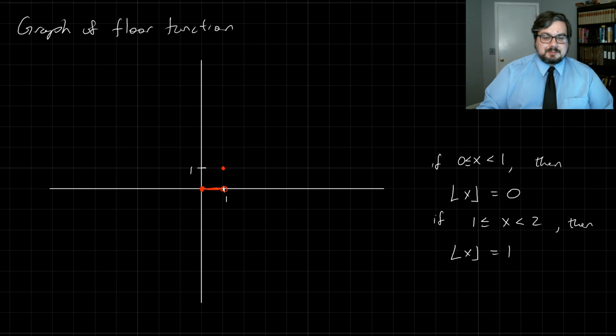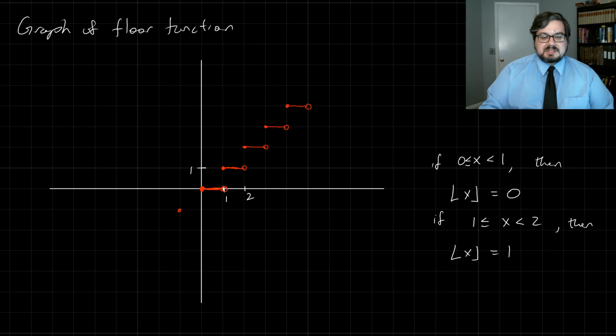We can use the same sort of idea here. If x is between 2 and 3, then the floor of x is 2. If x is between 3 and 4, then the floor of x is 3, and so forth and so on.